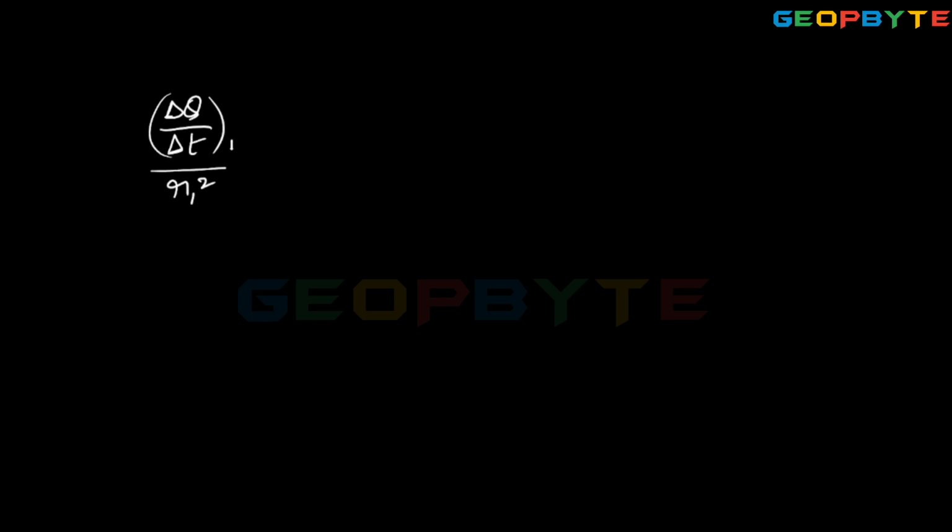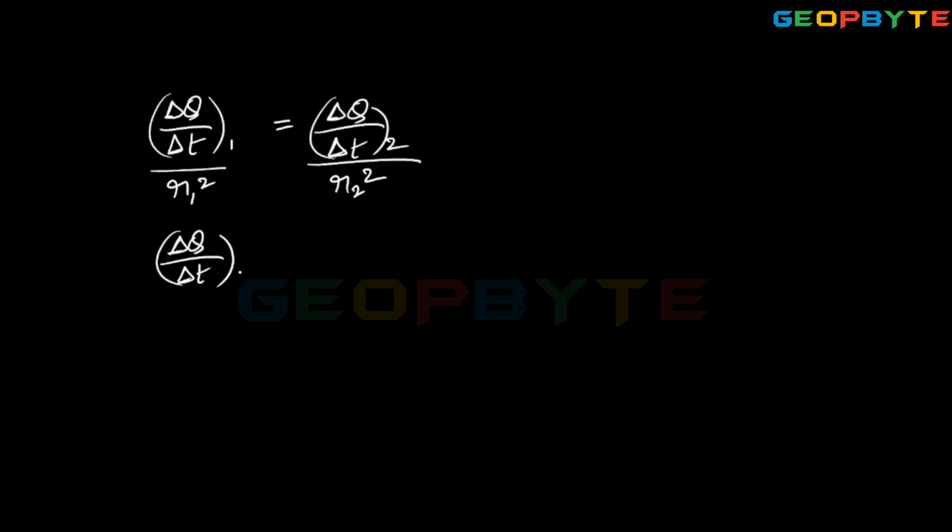So that can also be written as Q1 divided by r1 cube for the first case must be equal to Q2 divided by r2 cube for the second case. From this, Q1 divided by Q2 is equal to r1 cube by r2 cube, r1 cube, not r1 square.